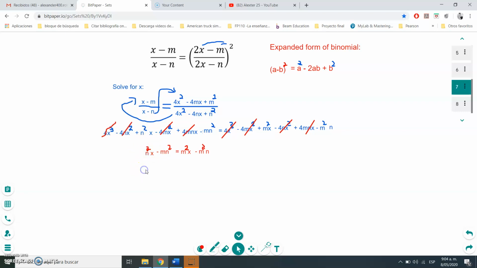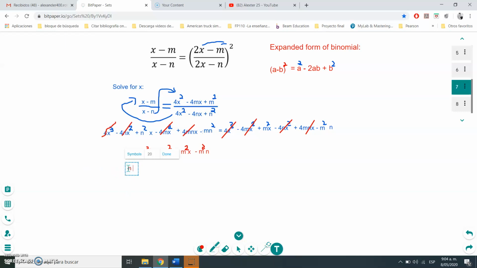So we take this here, and we're going to take these numbers here down, so it will be n²x.